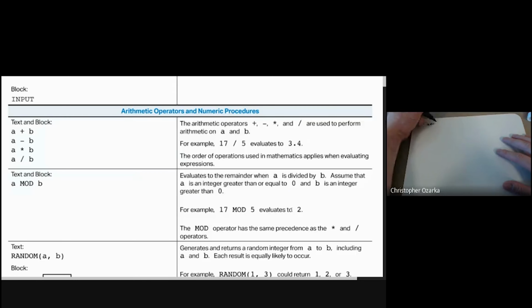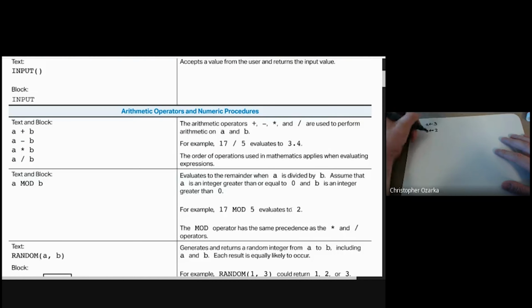Okay, let's just say A is 3. 3 is my favorite number, so I always use 3. And B is 2, okay? If you were going to display A mod B, what this does is it outputs whatever the remainder is if you did long division.